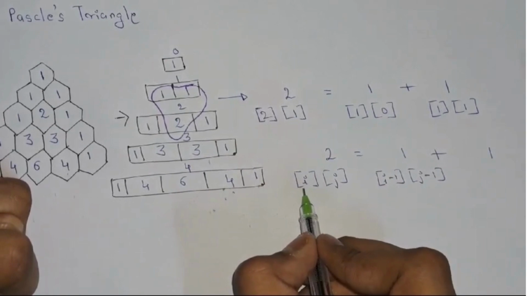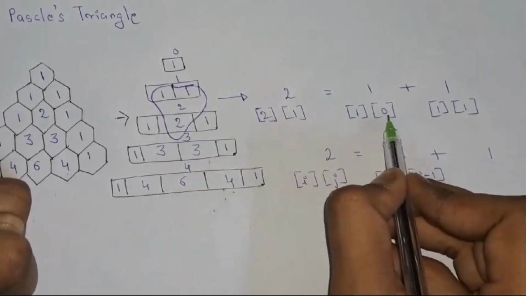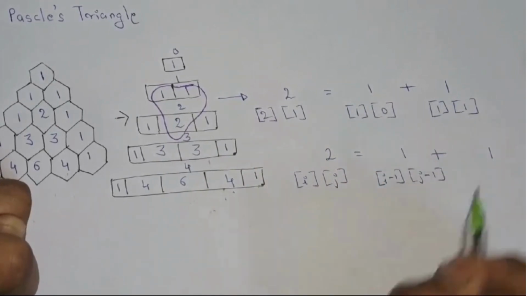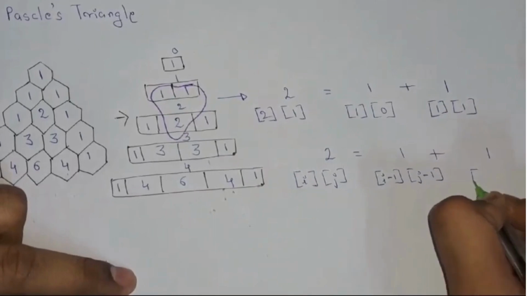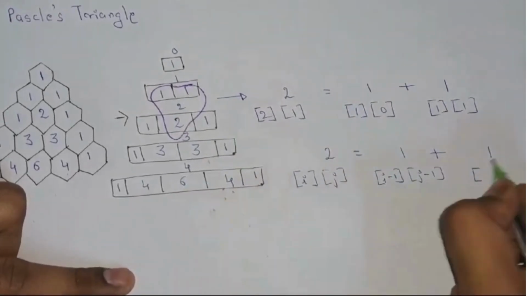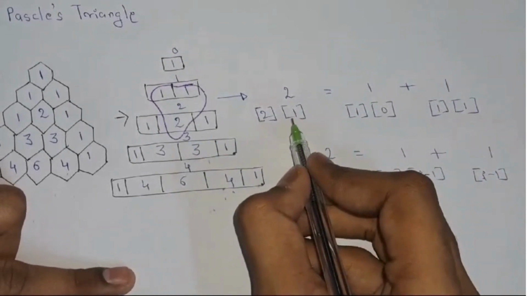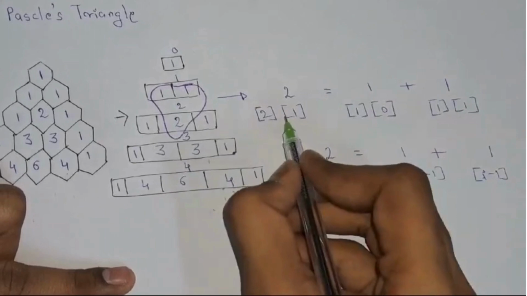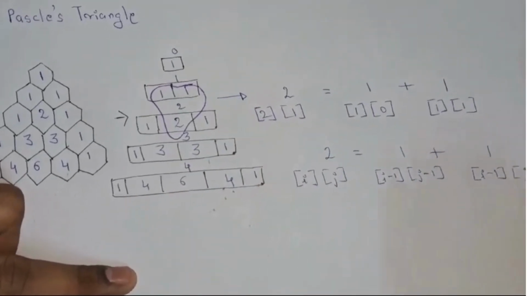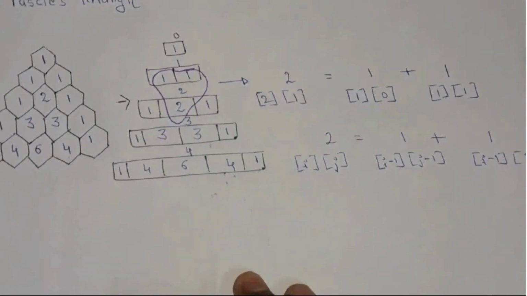So here it is i, it will become i minus 1. Similarly, here it is 1, it will become 1 minus 1 equals 0. Similarly, j minus 1. And for this one, the row index will be 2 minus 1, so here i minus 1 again. And the column index will be the same, 1, here also 1. So here it will remain the same, j. So this is nothing but our final logic for the given problem.